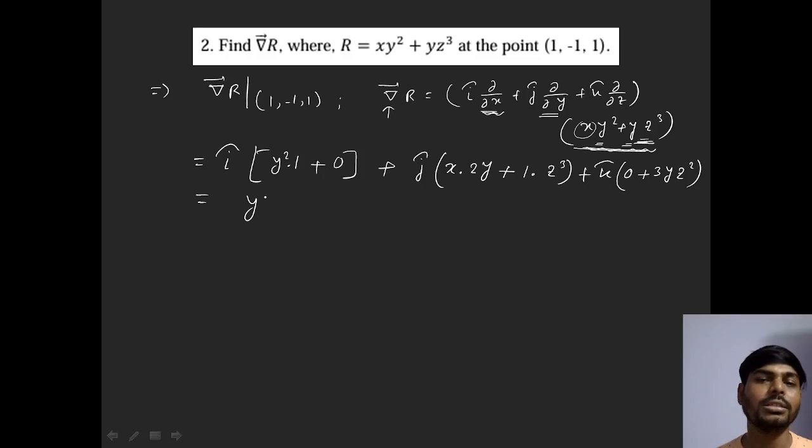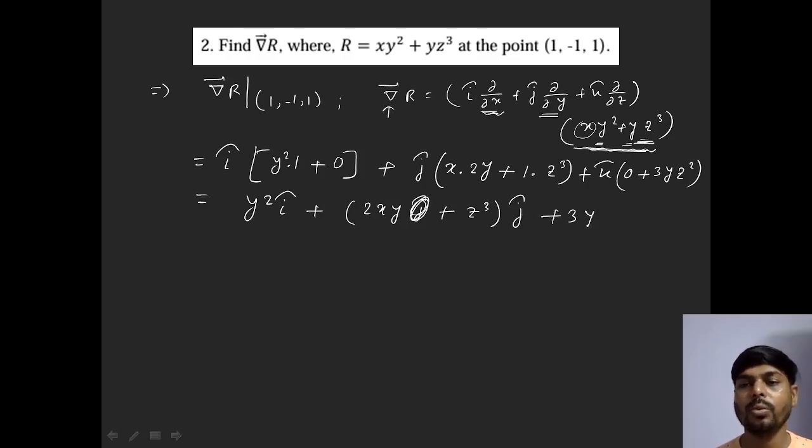So the final result after simplification is y square i cap plus 2xy j cap plus (2xy plus z cube) k cap plus 3y square.